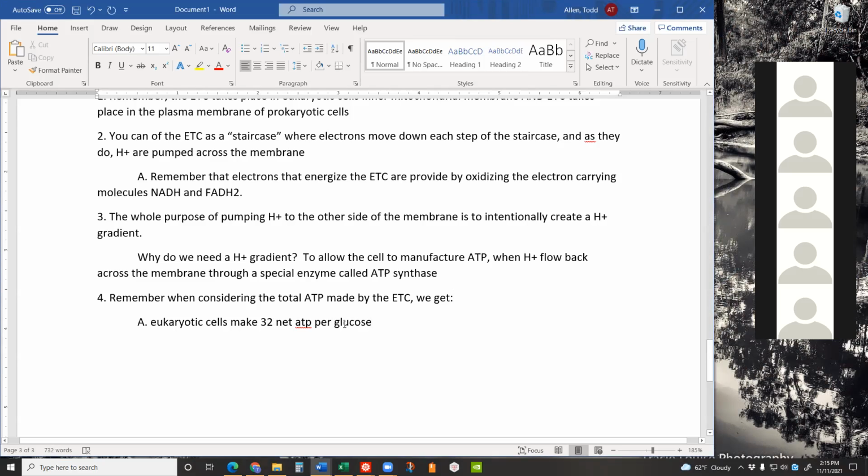That is simply for electron transport. Prokaryotic cells make 34 net ATP per glucose. That is for just the electron transport chain portion of this.